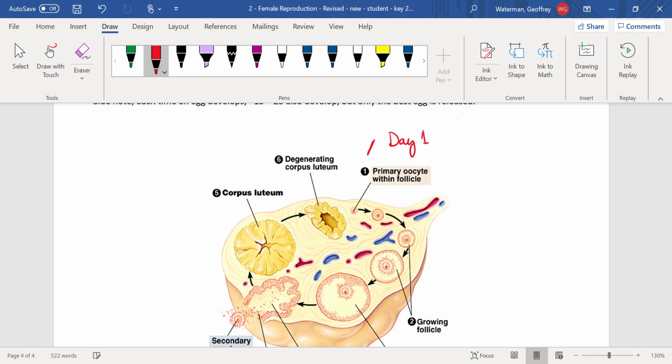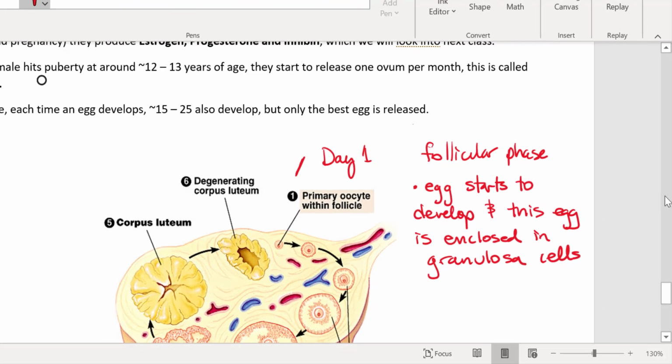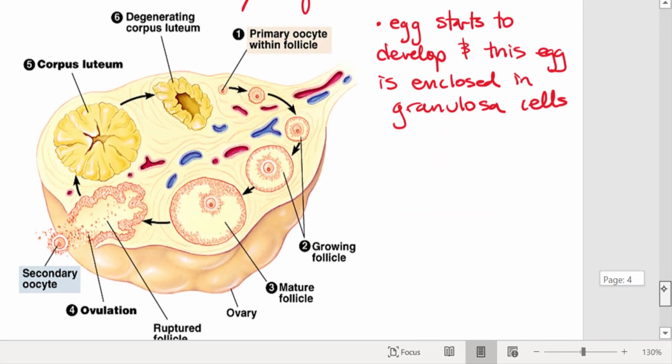And we're calling this the follicular phase. We call it the follicular phase because this is when the egg starts to develop. And this egg is enclosed in granulosa cells. Now, these granulosa cells, we're going to draw what this looks like right here.